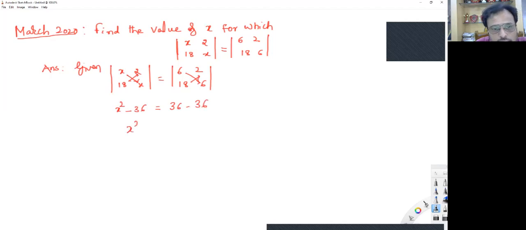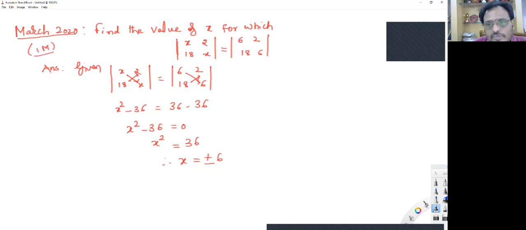That is x square minus 36 is equal to 0, and x square is equal to 36, and therefore x is equal to plus or minus 6. So like this, in March 2020, I think a 1 mark question is asked.